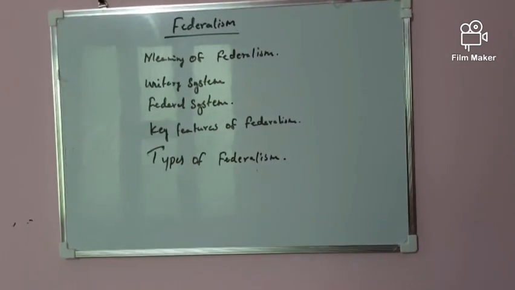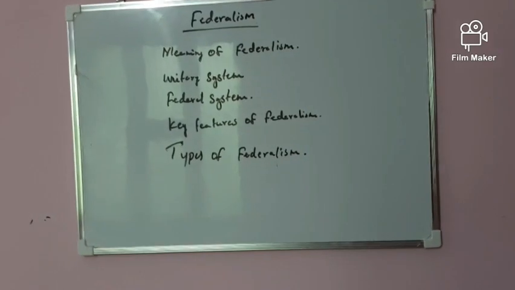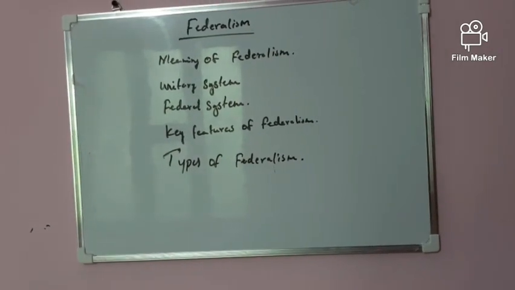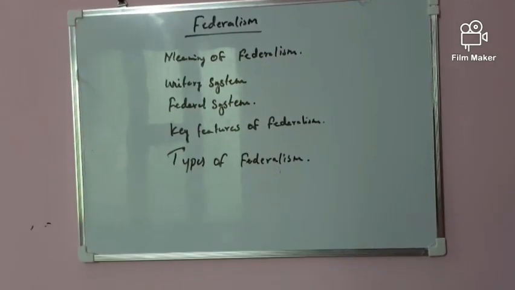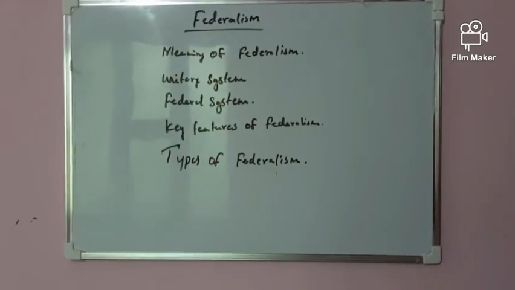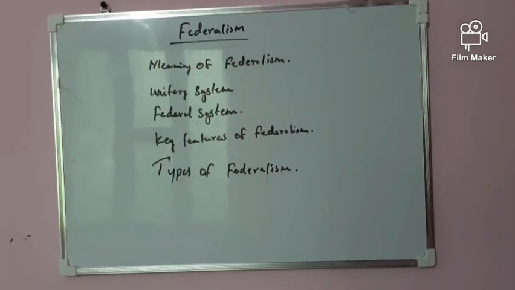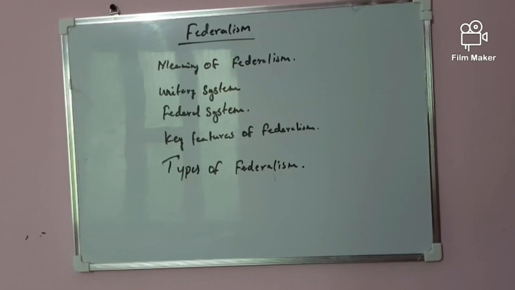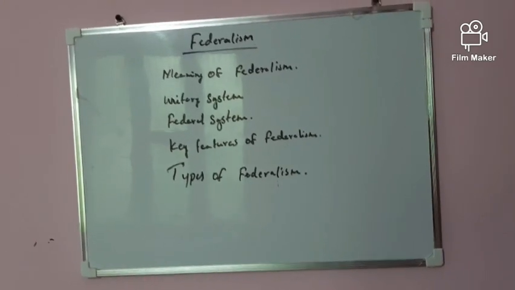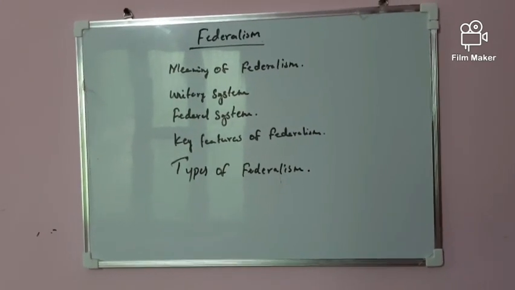The central government can pass an order, that is, tell them they have to do this in this way. That is the format they can give, but they don't have the right to order the state to do something. That right they don't have.